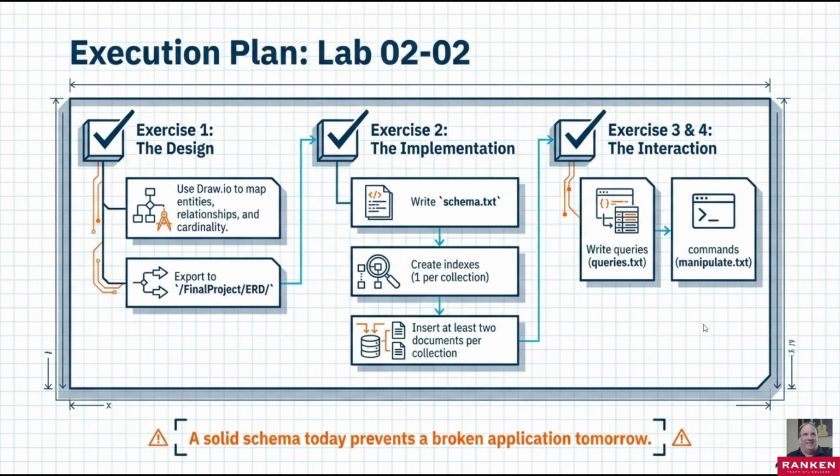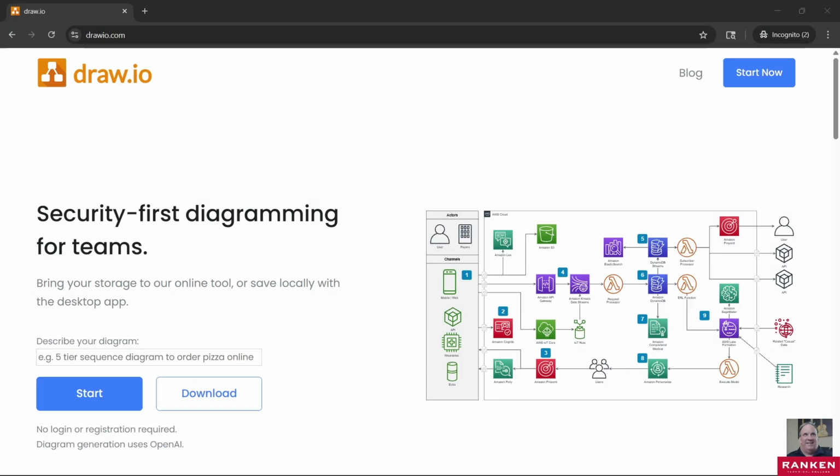Next we're going to do the draw.io part. First we go to drawio.com, a free, open source diagramming tool. The good thing about it is there are no cookies and they don't track you, like almost every other website does.